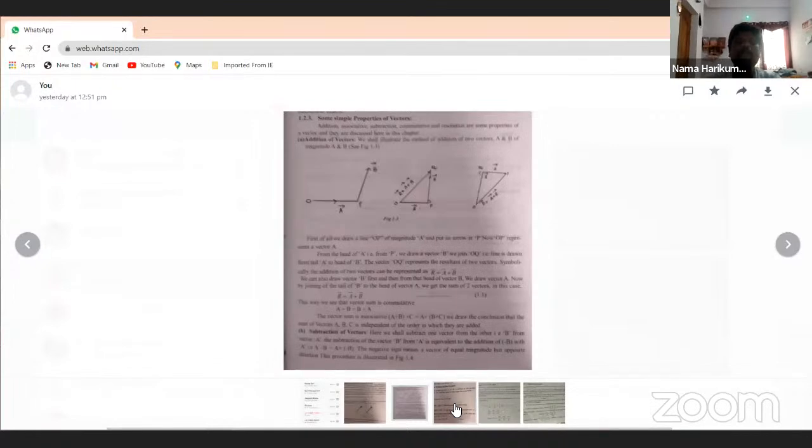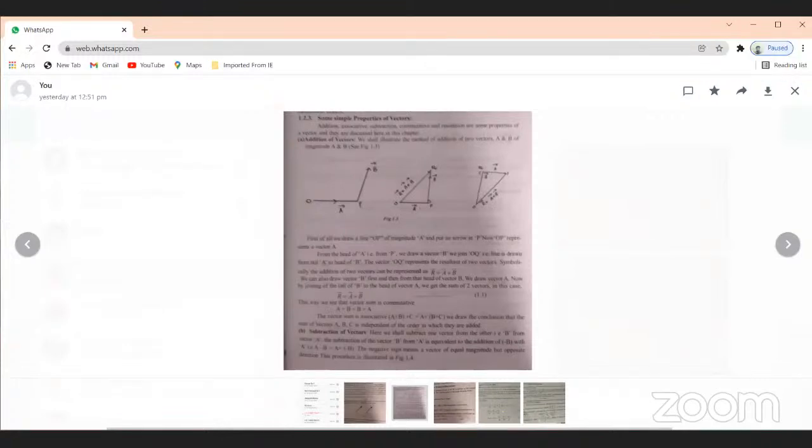So what is the addition of vectors? Addition means you have to take any two vectors, that is A and B. First of all, A vector.